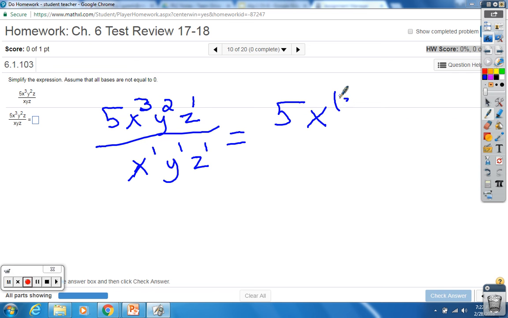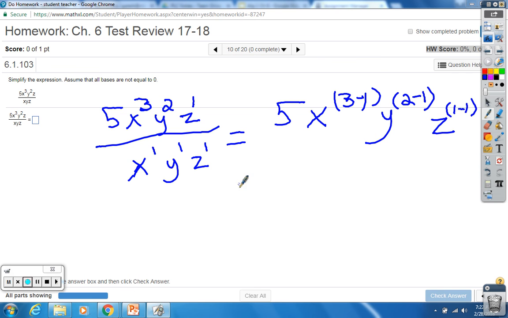So I'll have 3 minus 1 here. And then I'll put down my y, and again, we're having to use the quotient rule, so we'll do 2 minus 1. Then for my z, I'll have 1 minus 1, so I'll put that here.